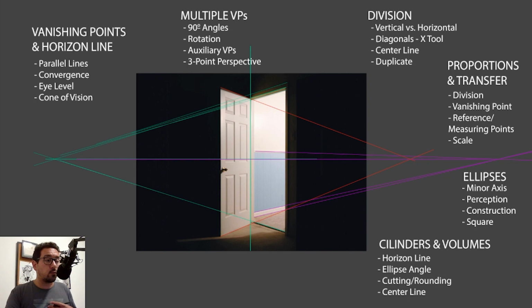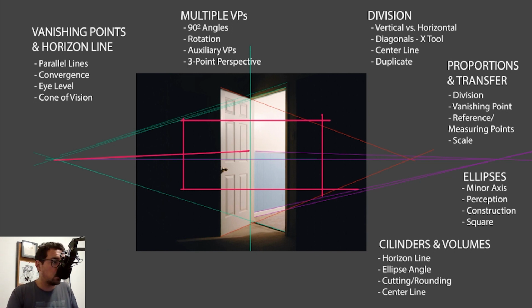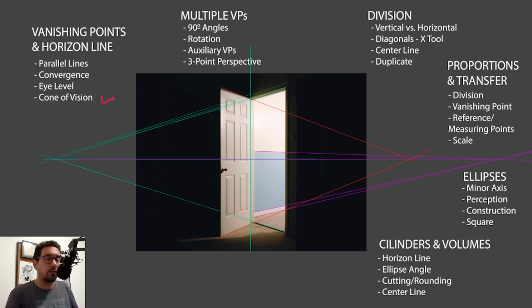And if we have the points even more apart from each other, then we're going to have a situation where the picture plane is closer to the center, and things are way flatter because they are converging to points that are really far away. So it's going to be way harder to notice perspective. That's basically what we think of when we talk about the cone of vision.